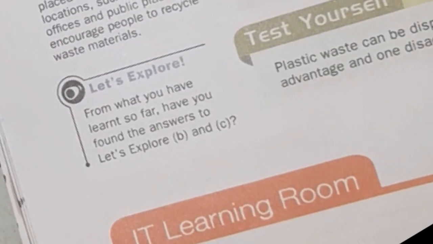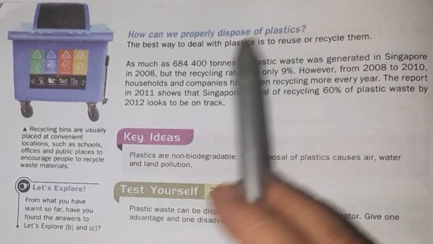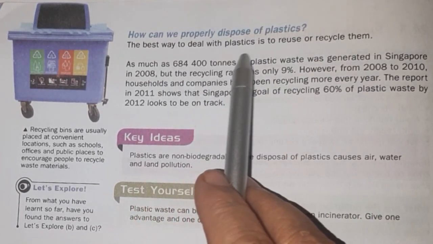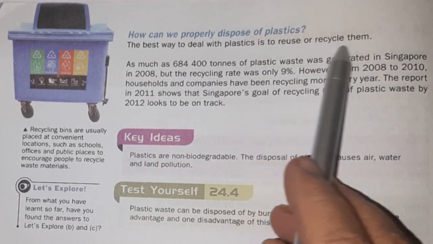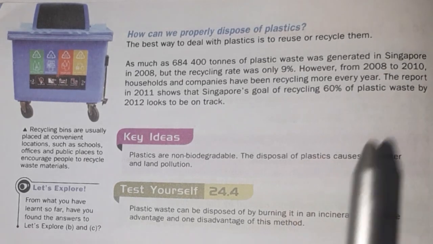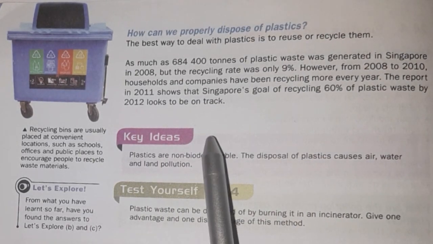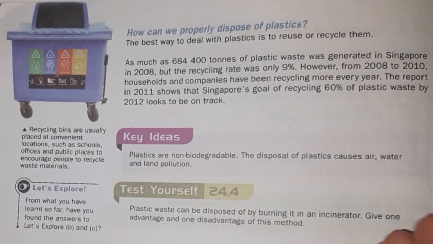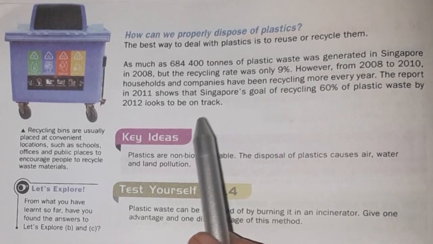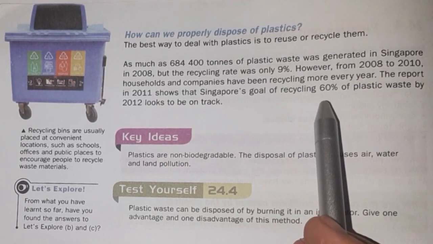So how can we dispose of plastics? The best way to deal with plastic is to reuse or recycle them. And companies are now making plastics which are actually biodegradable.